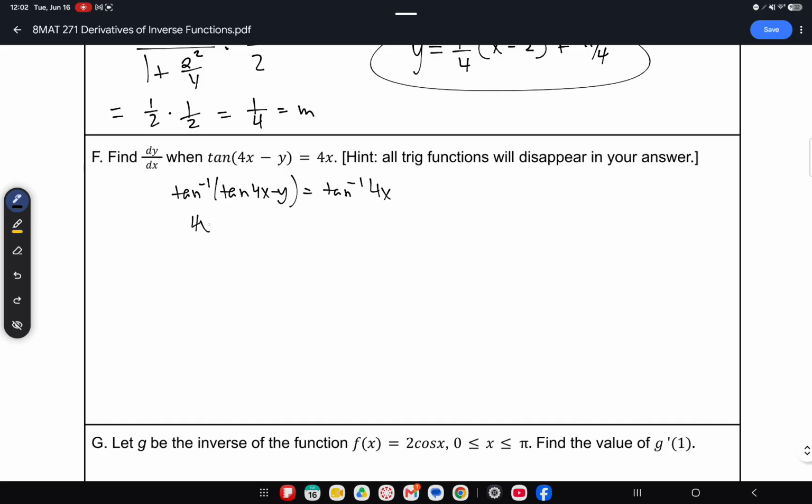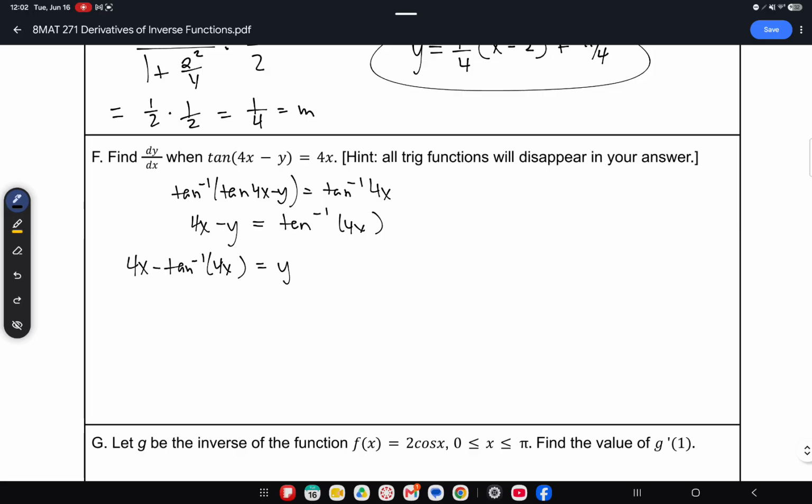So I'm left with 4x minus y equals inverse tangent of 4x. And then I think I can move some things around. I can add y to the other side and subtract the inverse tangent. So I have 4x minus inverse tangent of 4x to give me y.